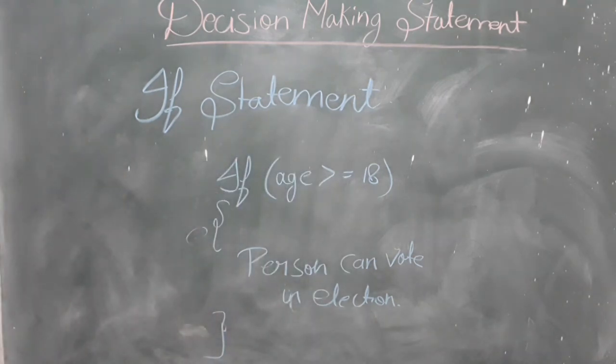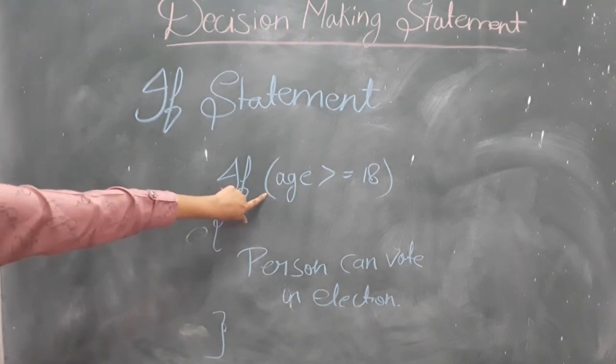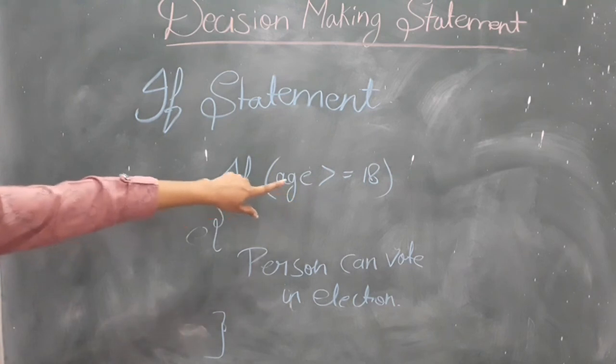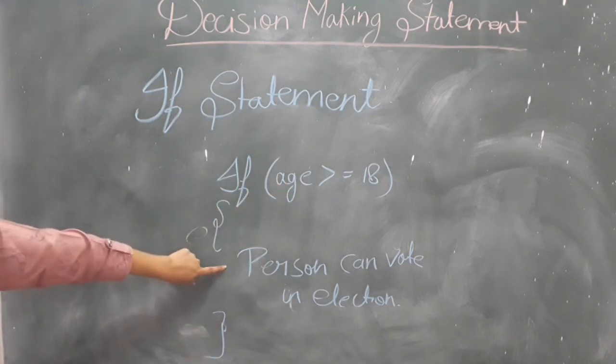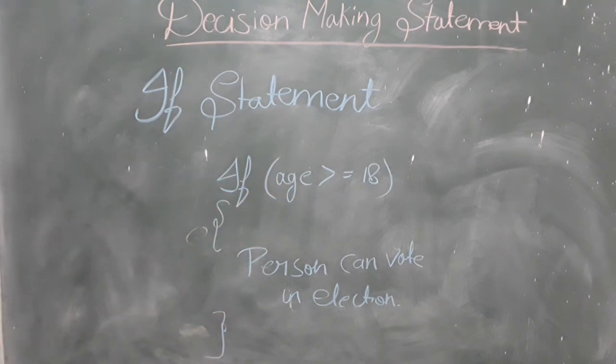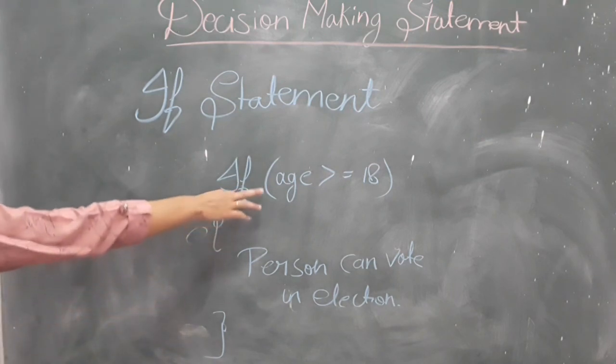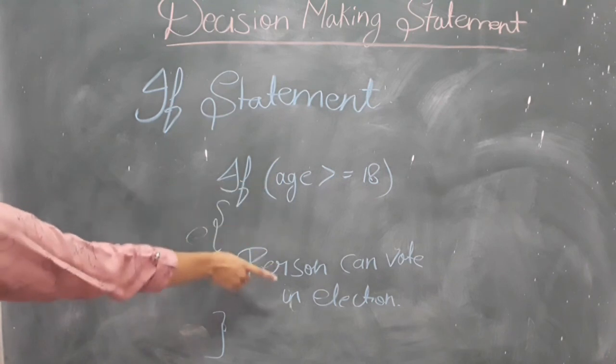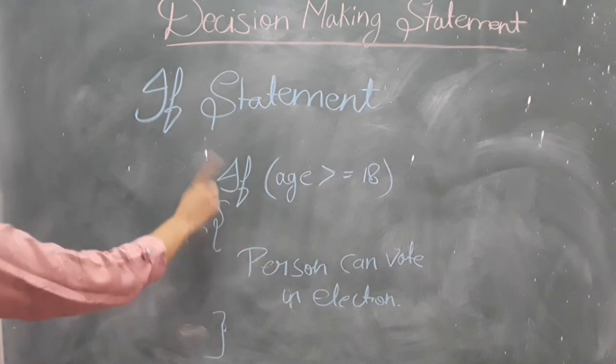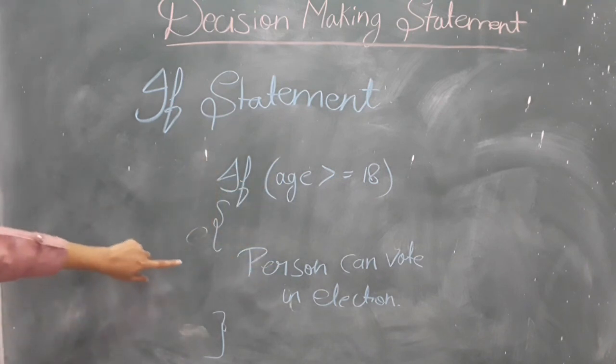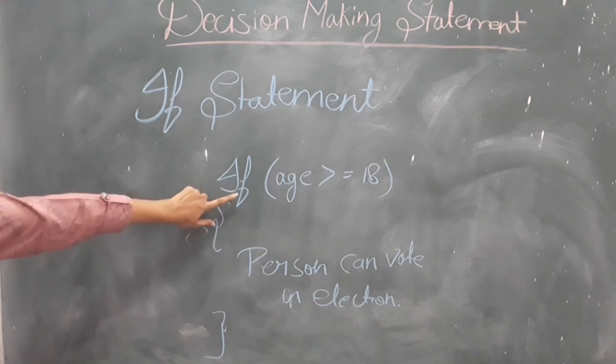So can you see the condition? I have mentioned the condition. If age is greater than or equal to 18, a person can vote in an election. So here, if this condition is true, then only a person can vote. Otherwise, nobody can vote if the age is below 18.